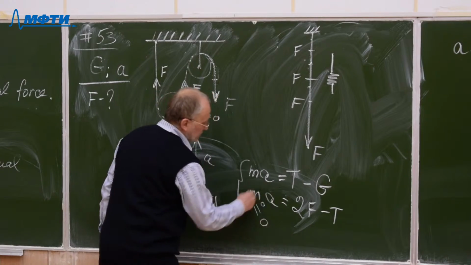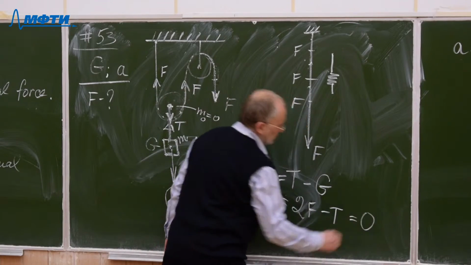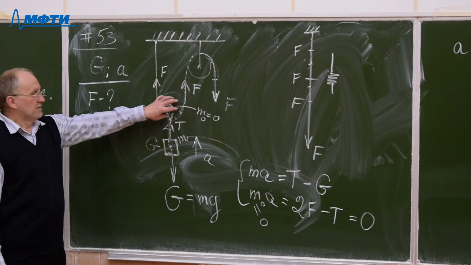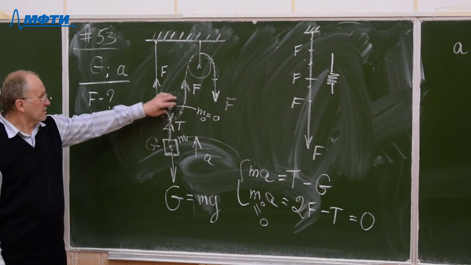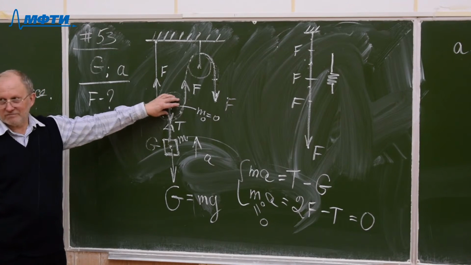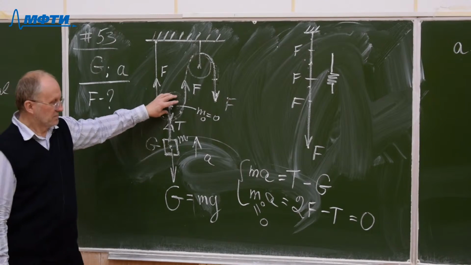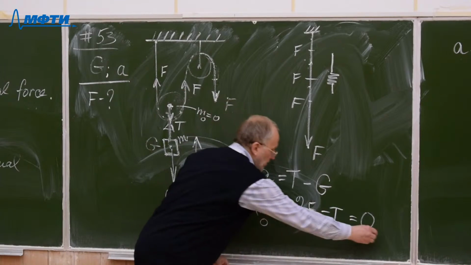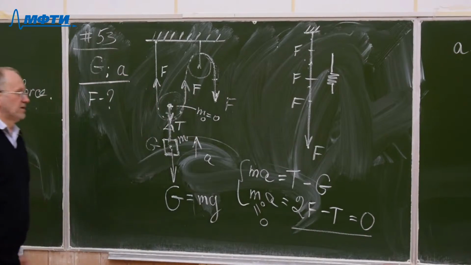So all this is 0, and this should be also 0 in our approximation. Approximation consists in neglecting the mass of the pulley. So if the mass of the pulley is 0, then this combination of forces must be 0. So we have two equations.